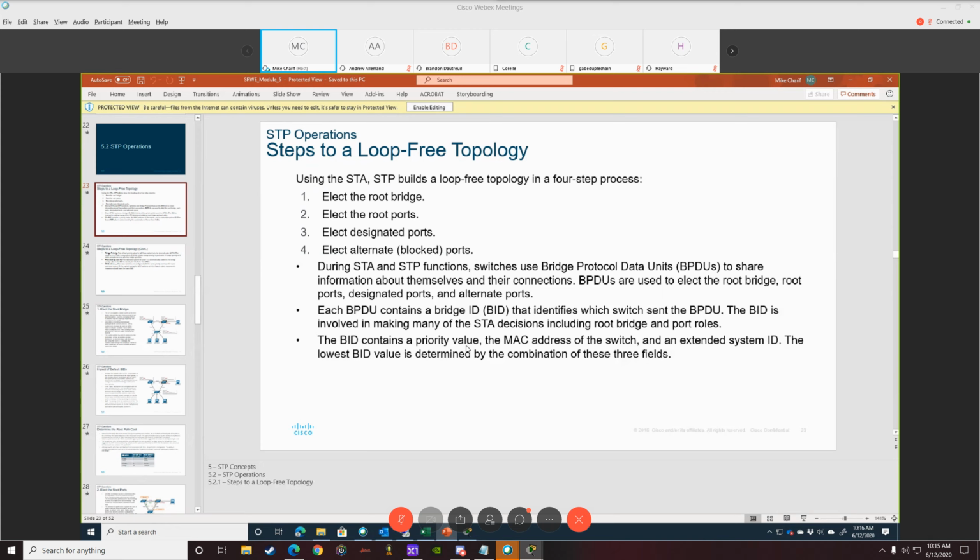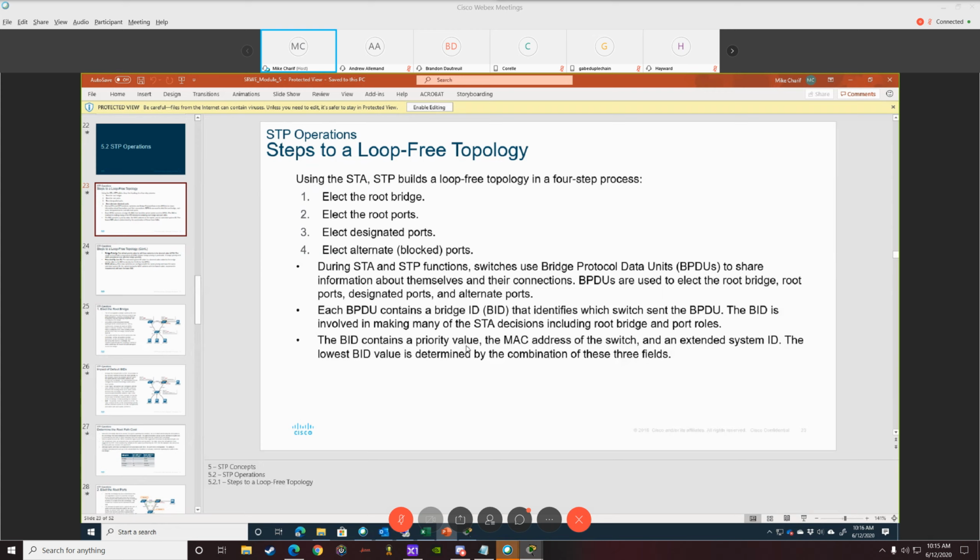In other words, they all have the same priority value. So who's going to break the tie? If all the switches have the same priority value, what field is different then? The MAC address. Because we know we cannot have the same MAC address on any device. So the switch that has the lower MAC address is going to be what?